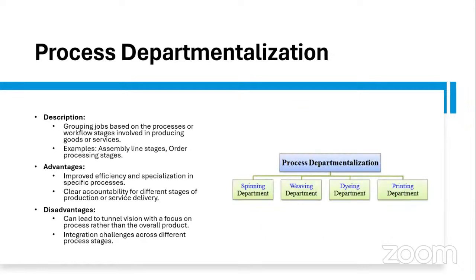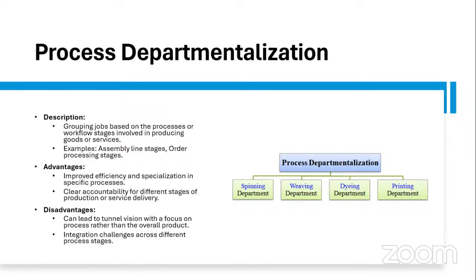Then you have the process departmentalization. Some organizations create their departments based on the processes they undergo. So you see things like spinning department, weaving department, dyeing department, printing department, and all of that.